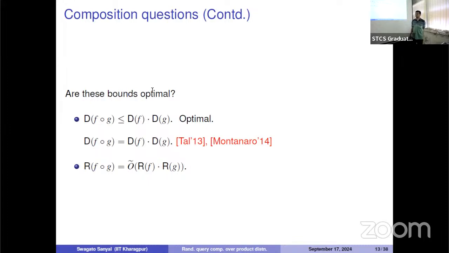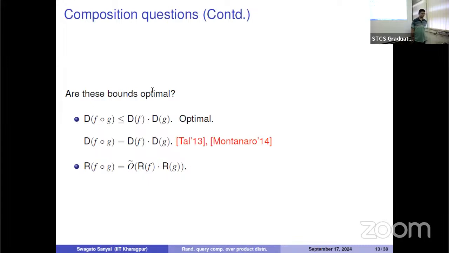But for every F, G, F or G could be something very easy. What if G is a constant? Then it will be 0 on both sides, so it's true. No, let's say G is X bar. Okay. So in general, let's say optimal means there exist F and G for which the bound is tight.